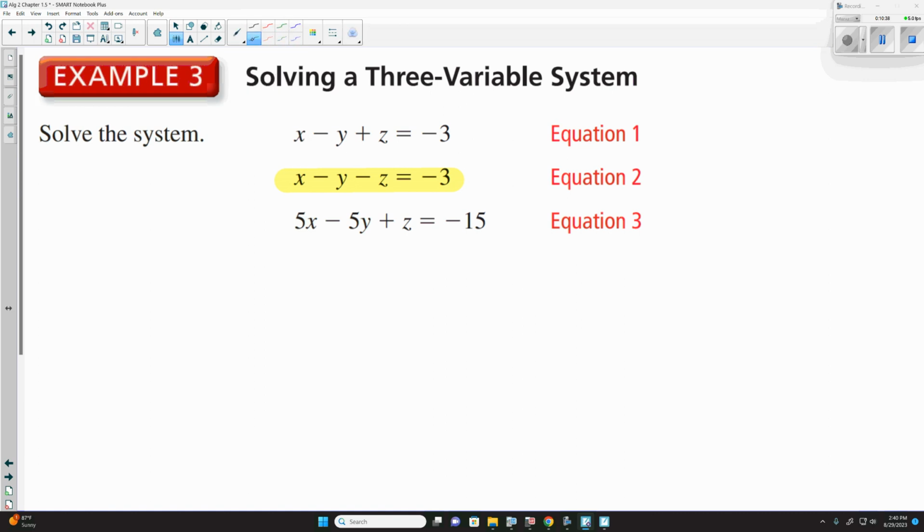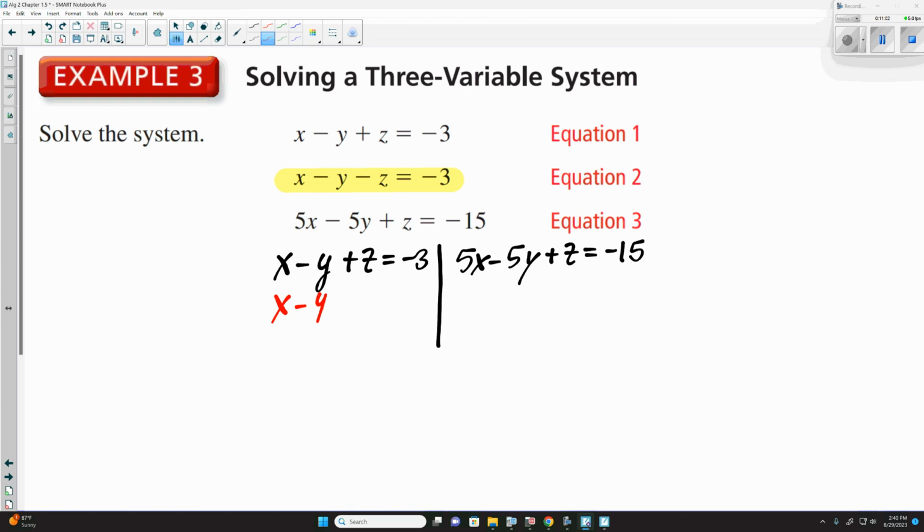And then I'm going to write the other two. So we have x minus y plus z is equal to negative 3. And we have 5x minus 5y plus z is equal to negative 15. But since the number in front of z is already the same, we don't have to do anything to it. We don't have to multiply it by anything.